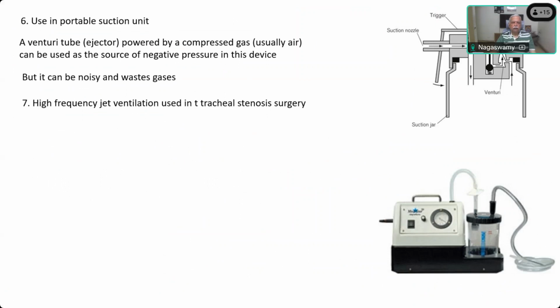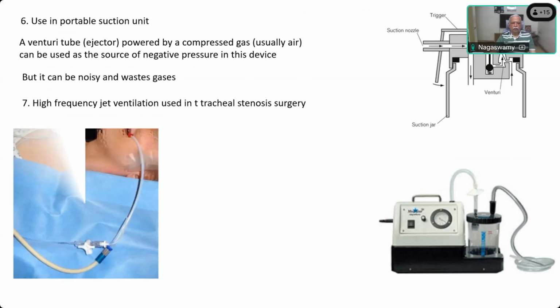Then there is high frequency jet ventilation in tracheal stenosis surgery. This is another important application, where you can't intubate the patient in tracheal stenosis surgery. A catheter is passed into the trachea, and you can see this is the flow of oxygen and the control valve mechanism.